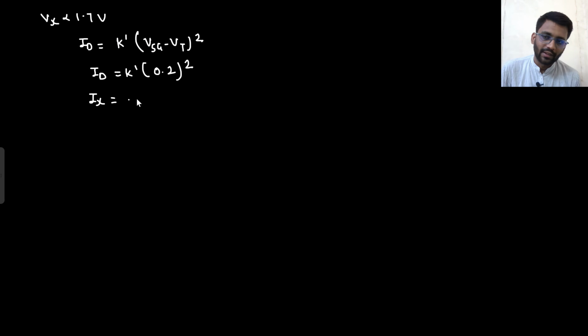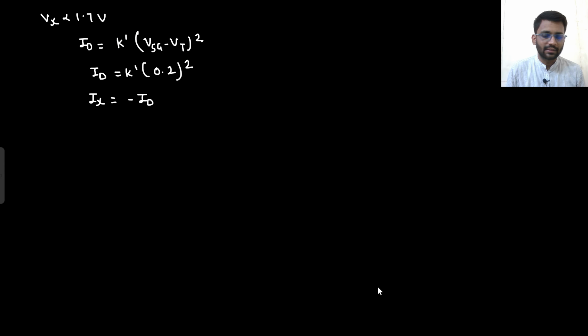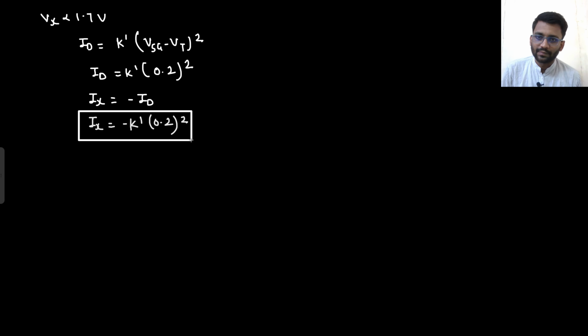Ix is negative of ID, right? Because ID is flowing from 1.9 to Vx, but Ix is flowing from Vx to 1.9. So Ix would be minus K dash into 0.2 whole square. This will be your Ix.